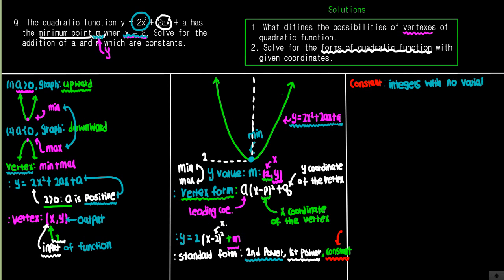And a variable is a term which is the unknown that varies or changes all the time. For example, an unknown variable is the x in this case. So the constant is just an integer, just a number with no variables, which in this case can be a. So this is what the standard form is.